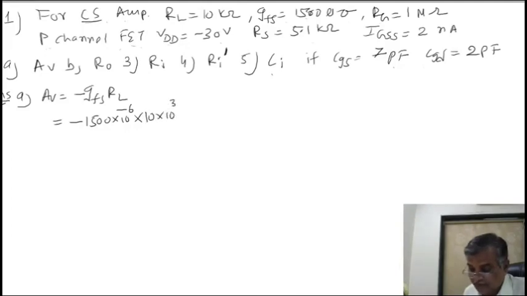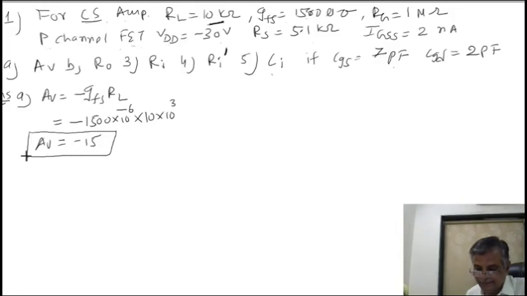I am putting the value of GFS and the value of RL in the equation, so I am getting minus 15. This is the answer of A.